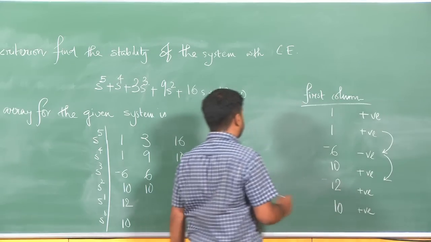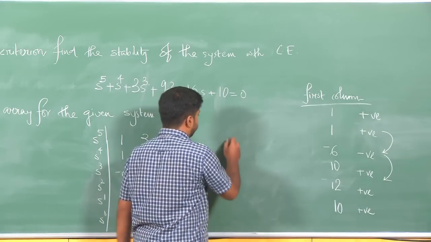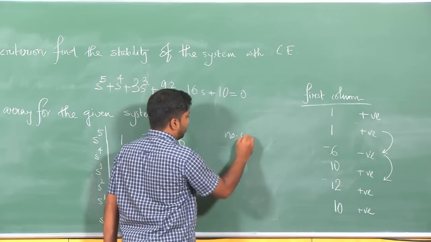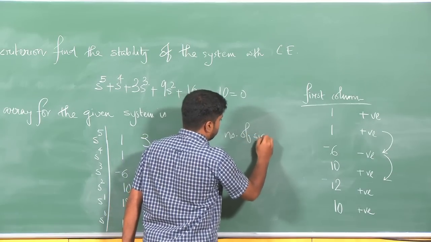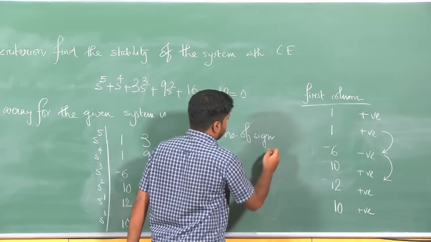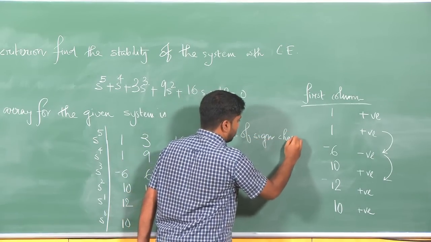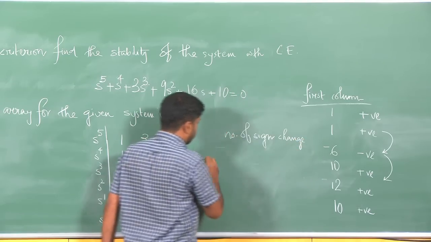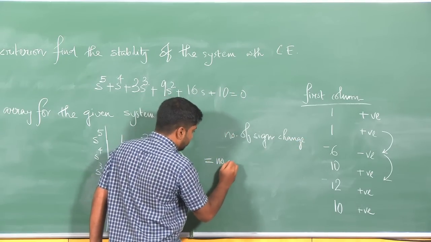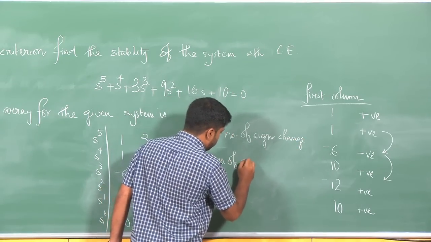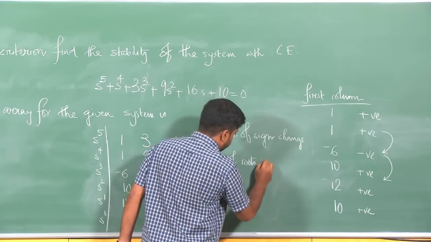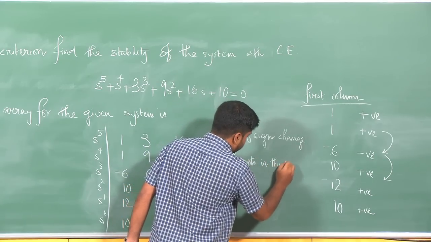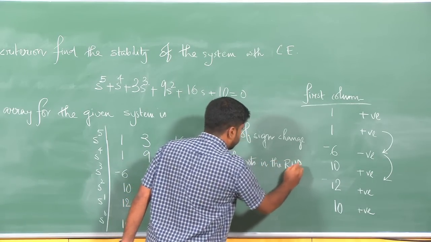So, we learned that the number of sign changes is equal to the number of roots in the right hand plane.